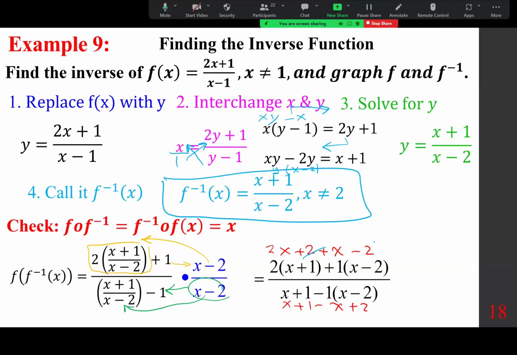So these two cancel each other, and the numerator becomes 3x. These two cancel each other. The denominator becomes 3, and 3x over 3 is x, and it checks. So we proved we've come up with the correct answer. Again, I highly recommend you do f inverse of f for practice.